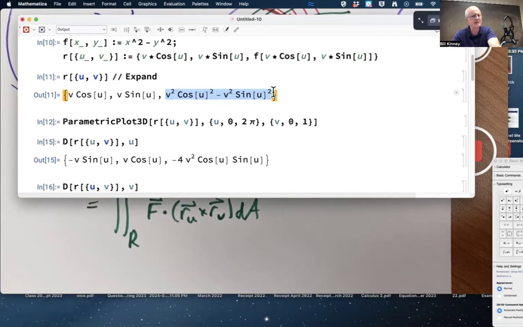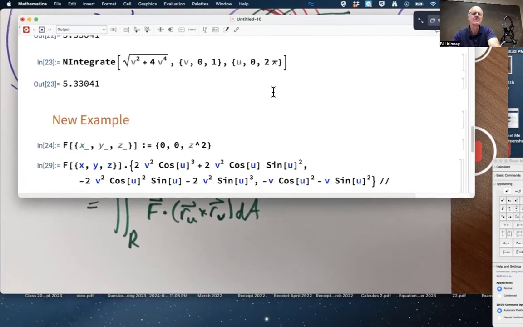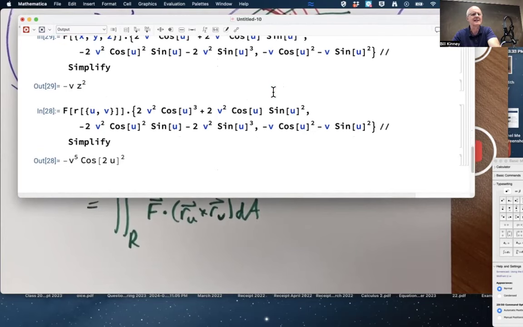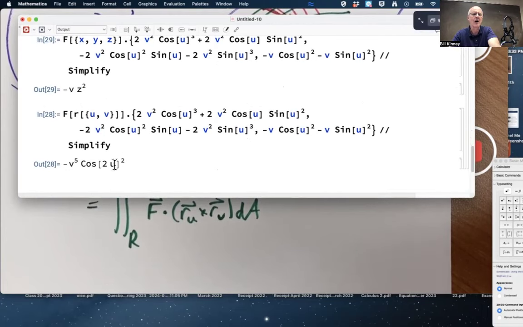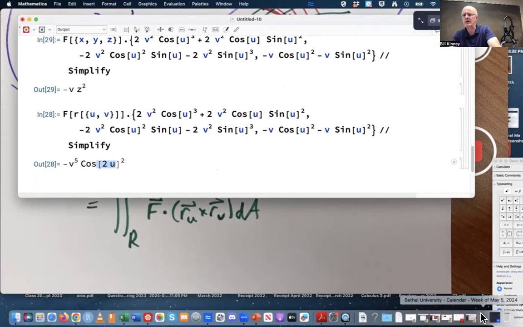So I can see I get a v to the fourth. Oh, I do see a cos 2u. There's a double angle formula that Mathematica is using to get this. Cos 2u, you look up a double angle formula.